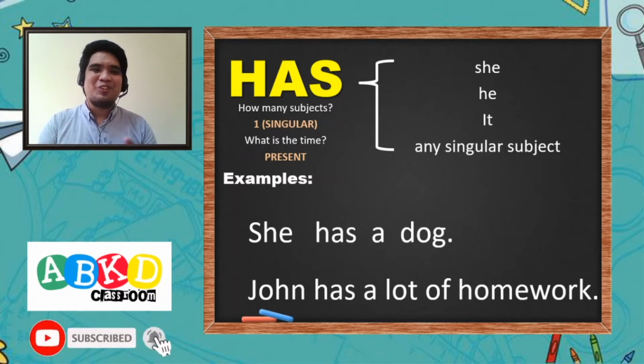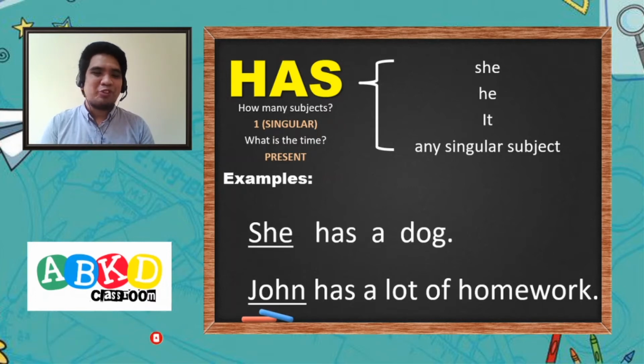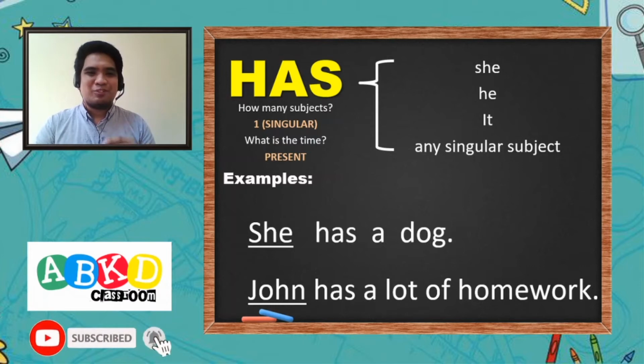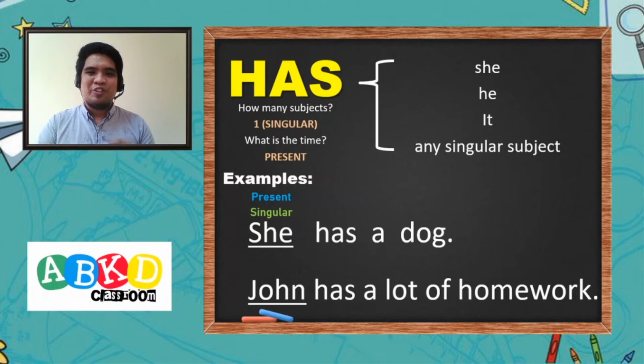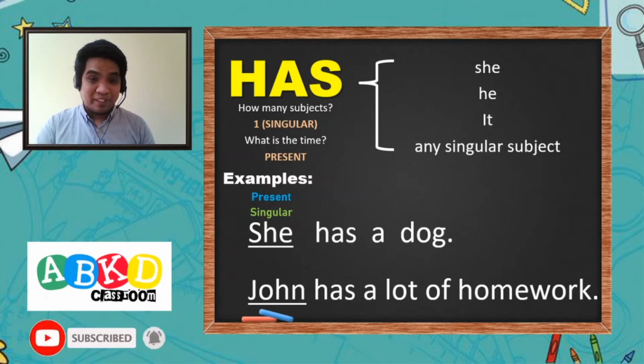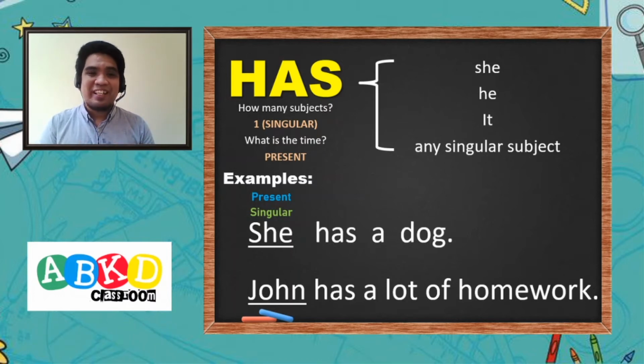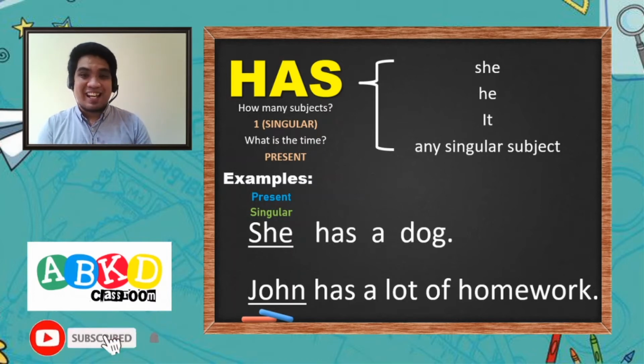So let's try to look at its subject. Okay, so our subjects, we have she and John, right? So let's try to ask the question, ilan ang subject at anong oras? So she is a singular subject and it is in the present form. Meaning to say, kaya tayo gumamit ng has.